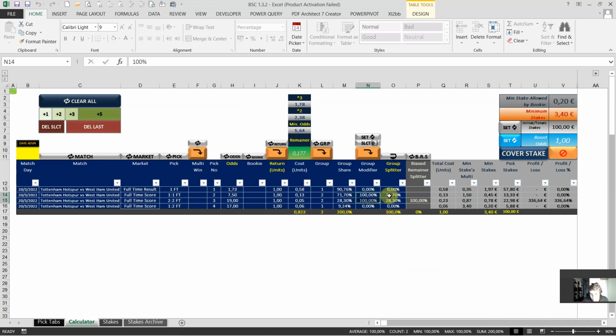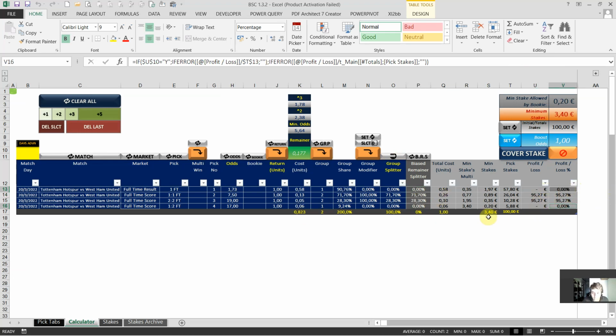After that, I just have to copy the group splitter to the biased remainder splitter by clicking the arrow above the group splitter header. Okay, the figures are copied, and as we can see, we have the safety net for the rest of the two selections because we get 0 profit, and we have managed to have equal profit in case one of the two selections belonging to group 2 is the winner.